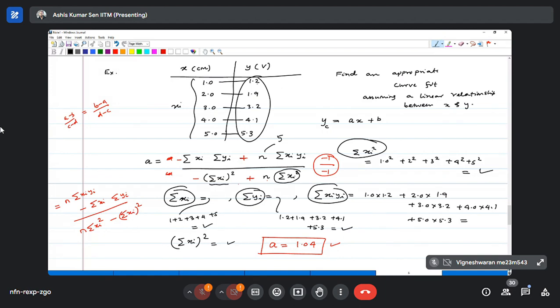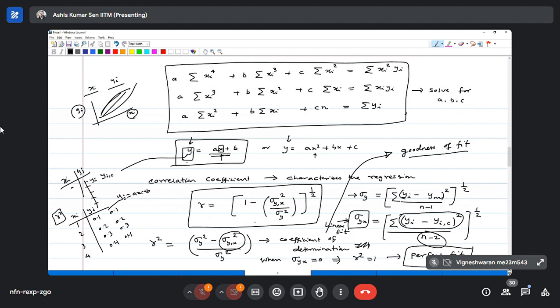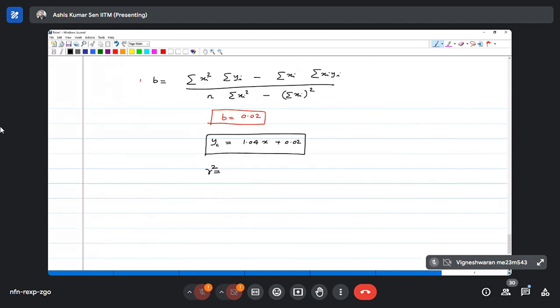By definition, R square is sigma y square minus sigma yx square divided by sigma y square.